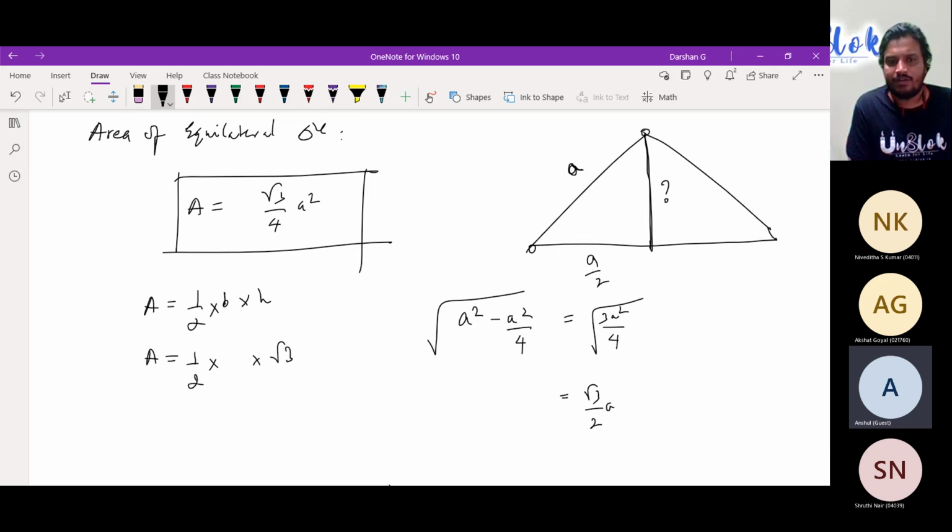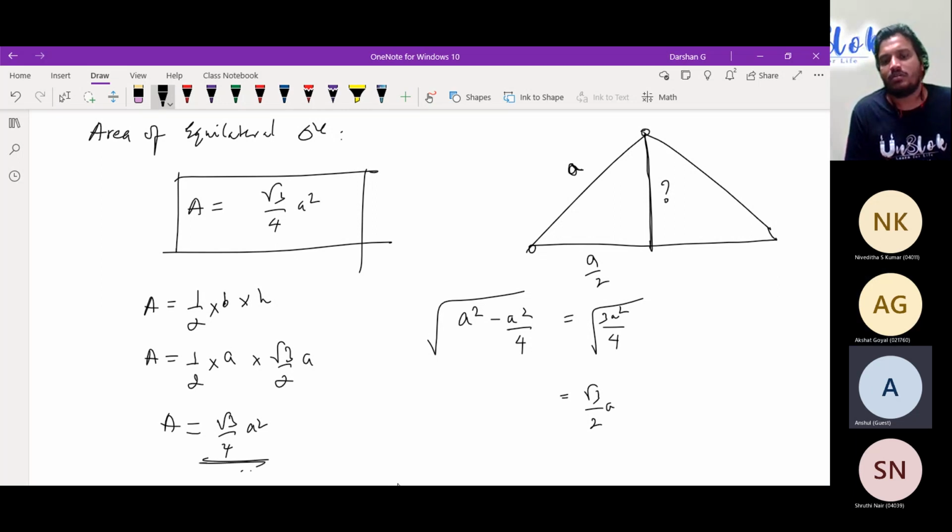Akshat, you also didn't get it. What about Anshul? Nivedita, Shruti? So the height is basically root 3 by 2a. That's the height. So then when I put it in half into base into height, base is the complete base, which is a, and the height is root 3 by 2a. So it will be root 3 divided by 4a square.